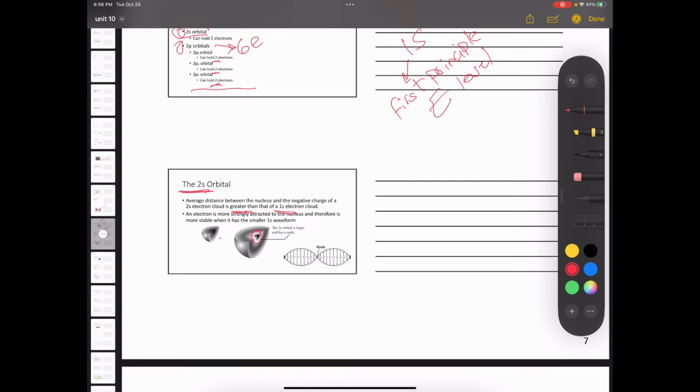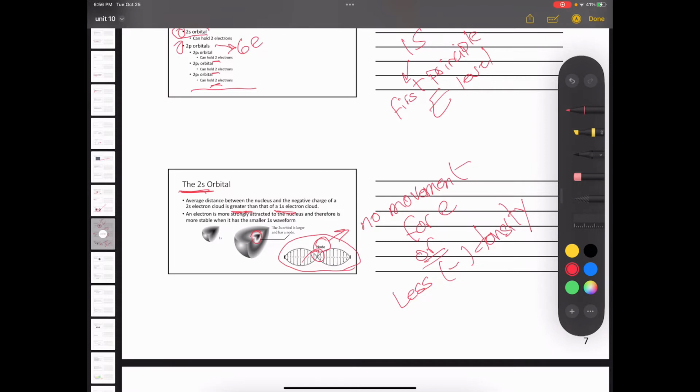And if you remember when we were talking about the waveform, a node means no movement for the electron, or less negative charge density. So the intensity of the electron charge almost diminishes right where the node is. And that's what makes the s orbital in the second energy level different.